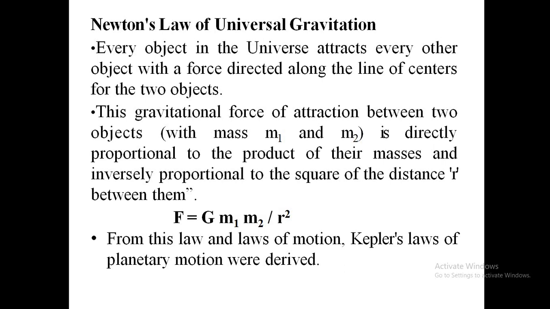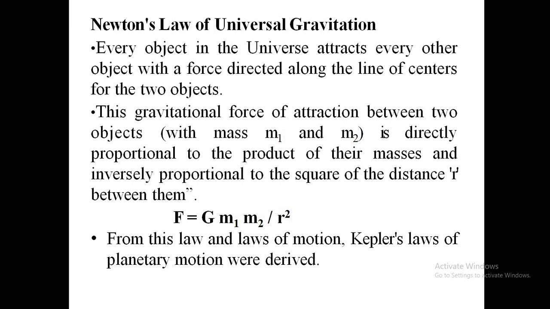Newton's law of universal gravitation. Every object in the universe attracts every other object with a force directed along the line of centers of the two objects. This gravitational force of attraction between two objects having mass m1 and m2 is found to be directly proportional to the product of the masses as well as inversely proportional to the square of the distance between them.